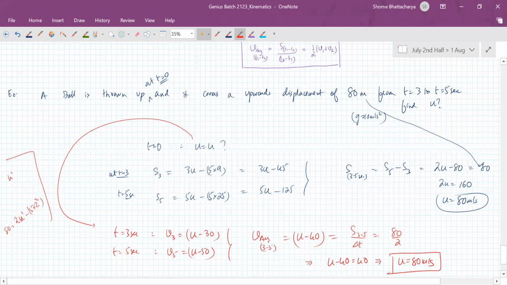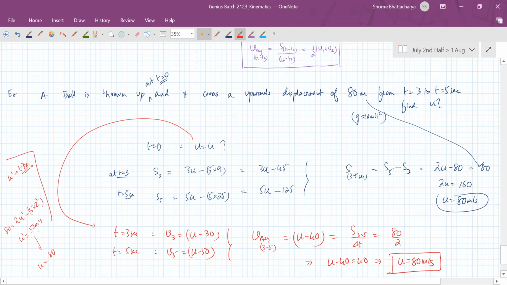From this you will get u dash, and it will come out to be 50 meters per second, which will again show you that your u is equal to 80, because u dash is at t equal to 3 seconds.